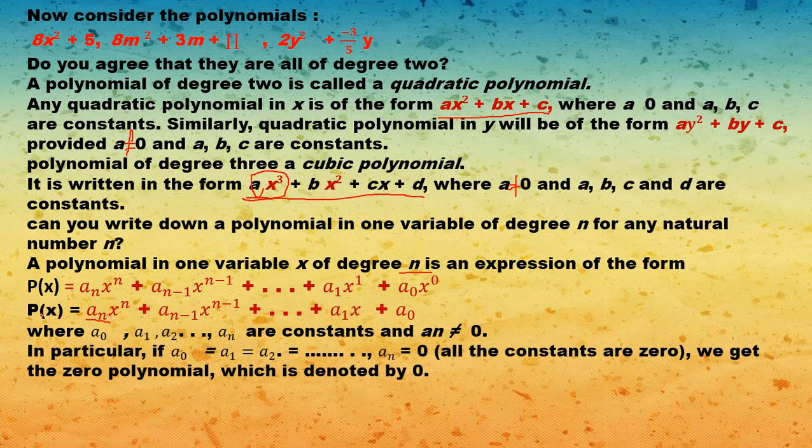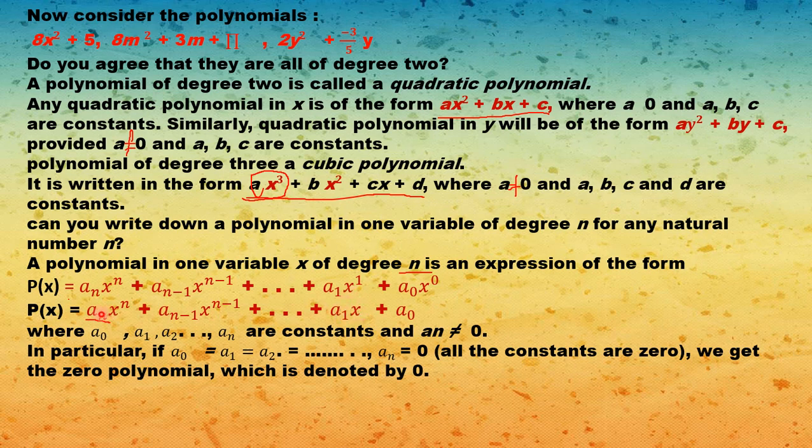Also, if we consider that all the a's in this polynomial, a0, a1, a2, a3 up to a_(n-1), a_n, are equal to 0, then a_n is 0, so the term x raised to the power n into 0 is 0. a1 is 0, so 0 into x is again 0.